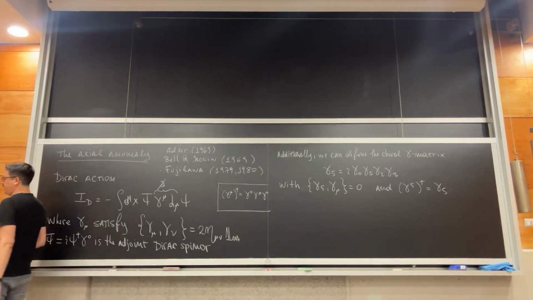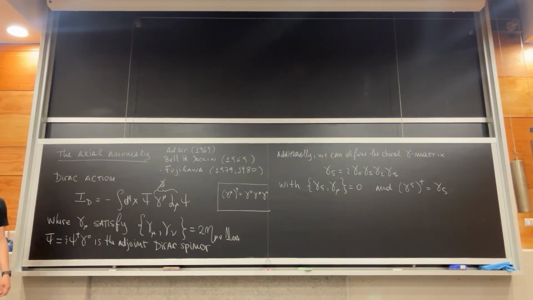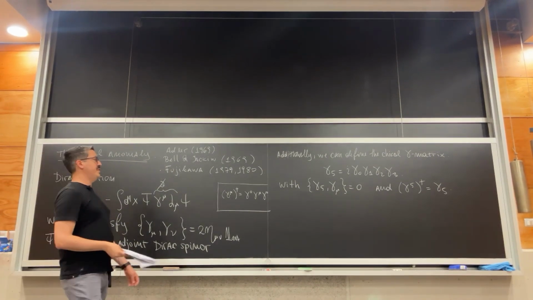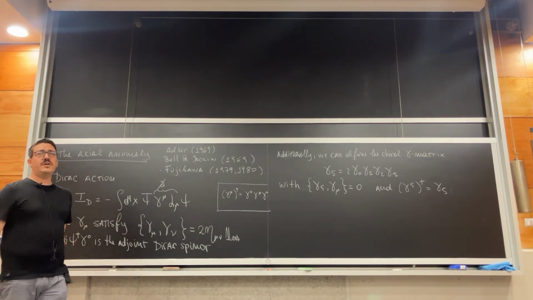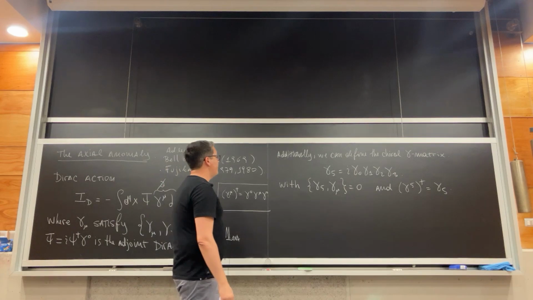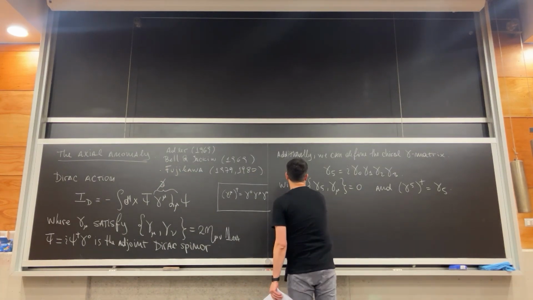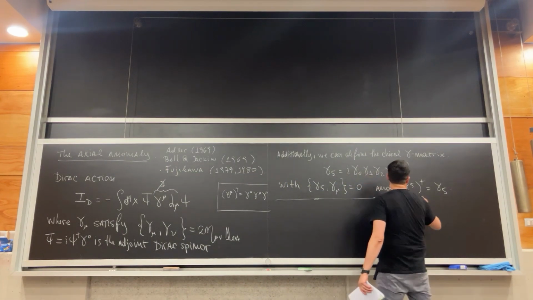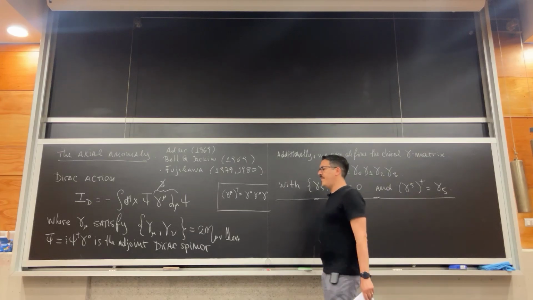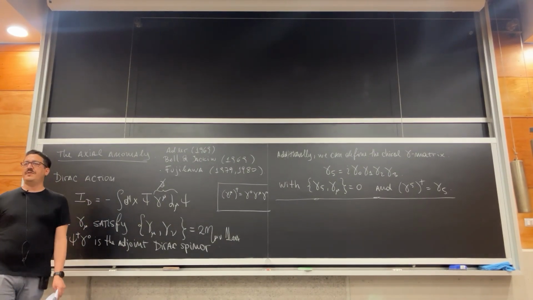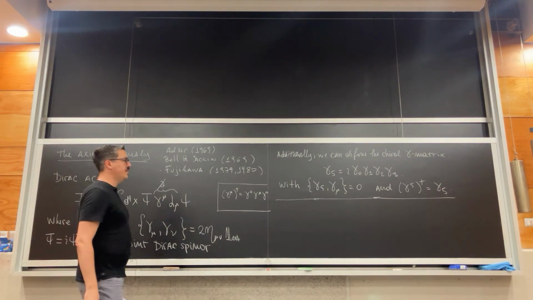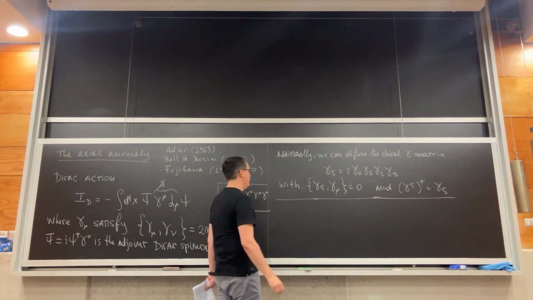Okay, with these ingredients in mind, let us analyze the symmetries of the Dirac action, okay? And there are two kinds of symmetries that we can discuss. Both of them are U1 symmetries, but one is vectorial and the other one is axial, okay?